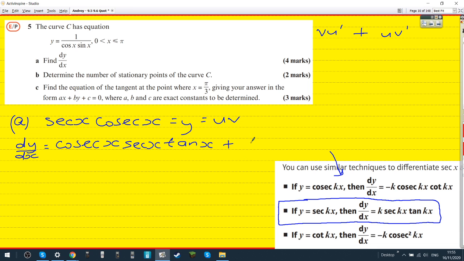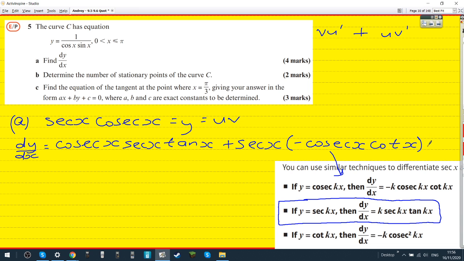So we just did u v dash. I have to do v. So I need to do now sec x. I think. Yeah. Times by minus cosec x times cot x.